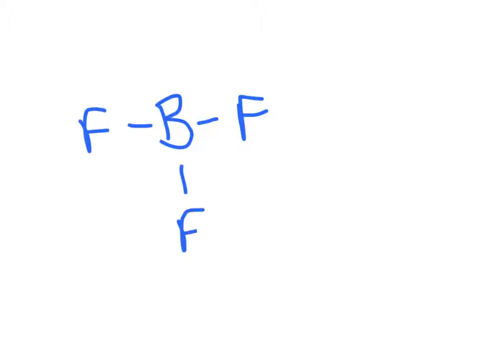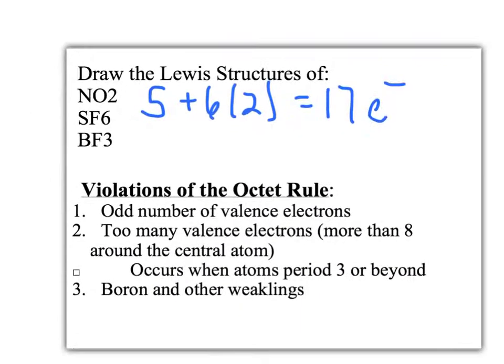In order to form a double bond, one of these fluorine atoms would have to donate a whole pair of electrons to the boron, forming a coordinate covalent bond. And you know what? Fluorine is just way too electronegative to allow that to happen. And it will not happen. Instead, this is the structure we get. It violates the octet rule because boron only has 6 valence electrons. It doesn't mean the structure does not happen, it just means that when it does happen, we're violating the octet rule.